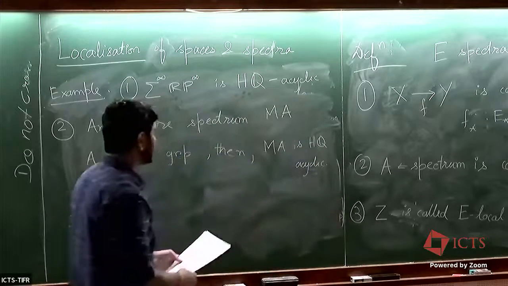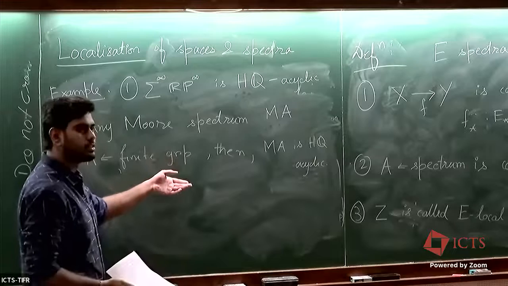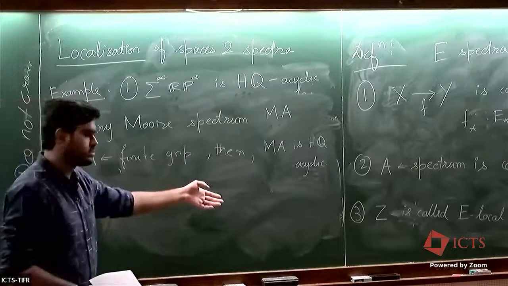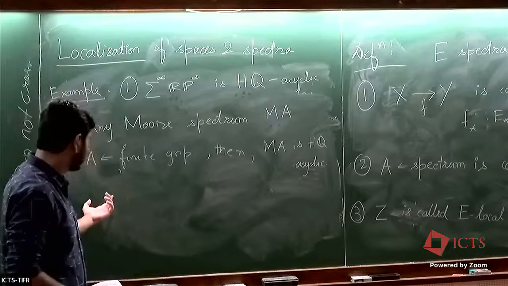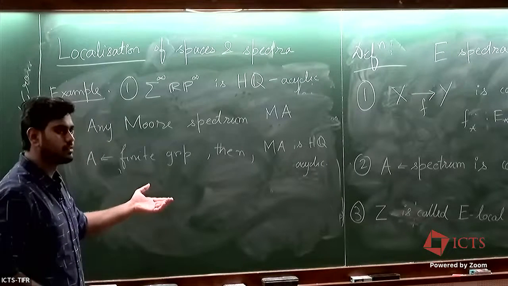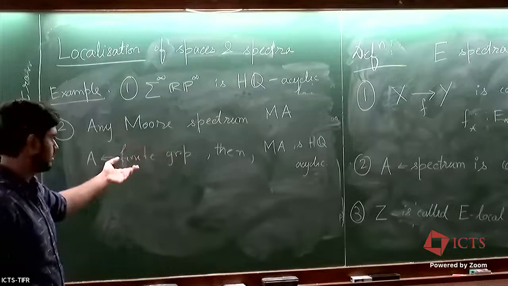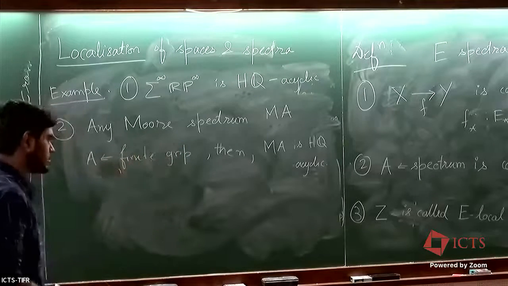And the proof is the universal coefficient theorem. Either the tensor vanishes, or both the Tor terms and the tensor terms vanish. There is a version of the universal coefficient theorem for spectra also, like for spaces, and that is the proof of this.